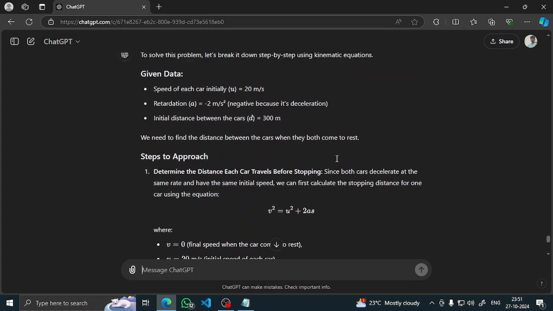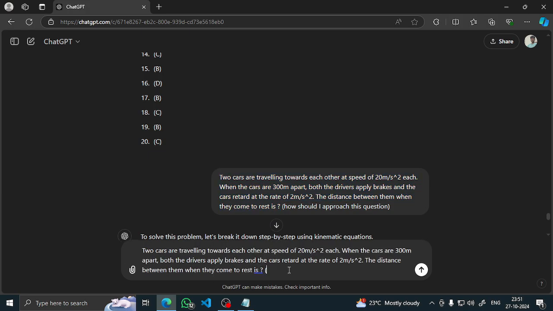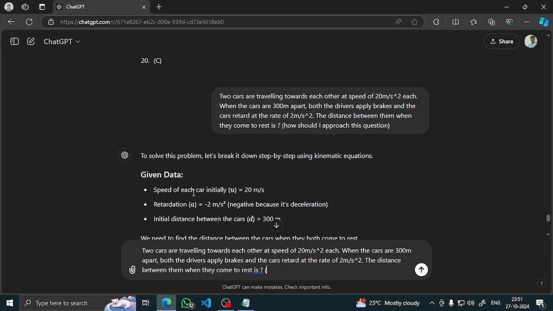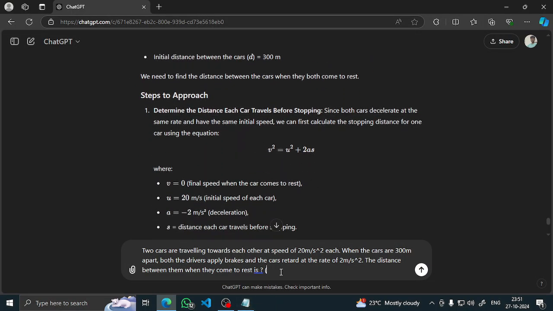Let's take this question and I'm going to tell ChatGPT that in this question we have to use the kinematic equations. Let us suppose I am using the relative velocity concept, but is the relative velocity concept used here?